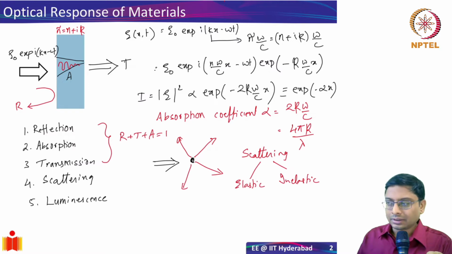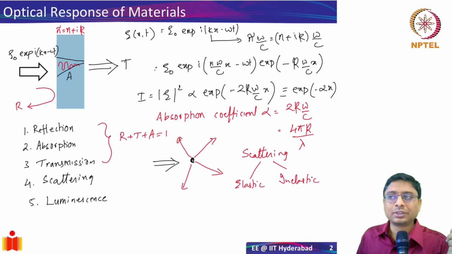Okay, so this luminescence process is, for example, responsible for the older tube lights, where we used to have a phosphor element which was excited by UV radiation, and then it would emit white light. So that sort of process is called luminescence. Okay, so this is also another important feature.